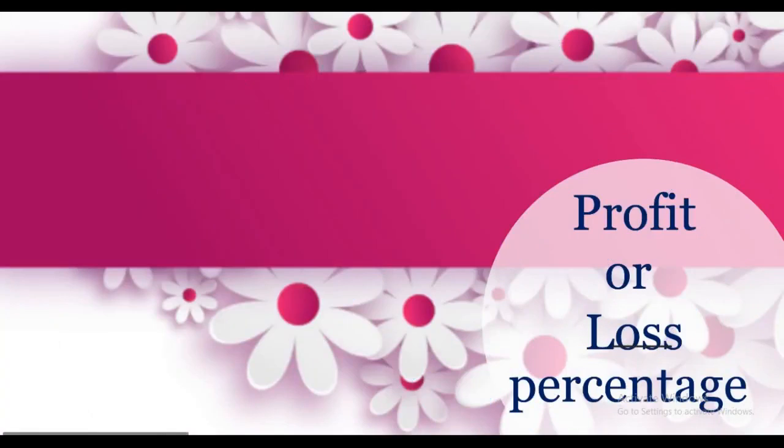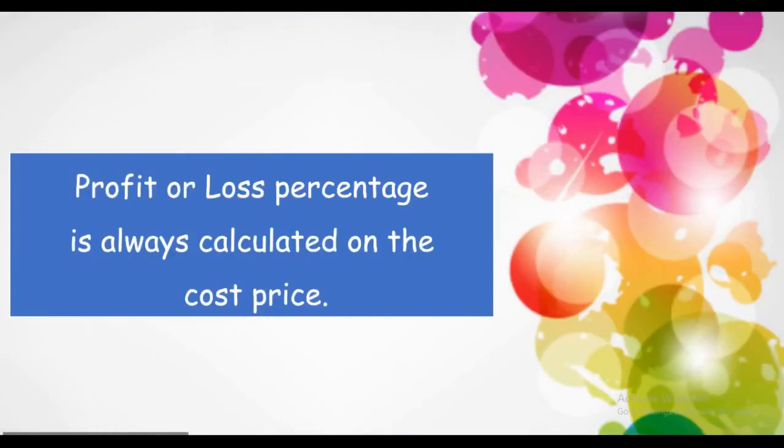Now let's learn about profit or loss percentage. From profit or loss, we can find profit or loss percentage. Profit or loss percentage is always calculated on the basis of cost price. We can find profit percentage or loss percentage by the given formulas.